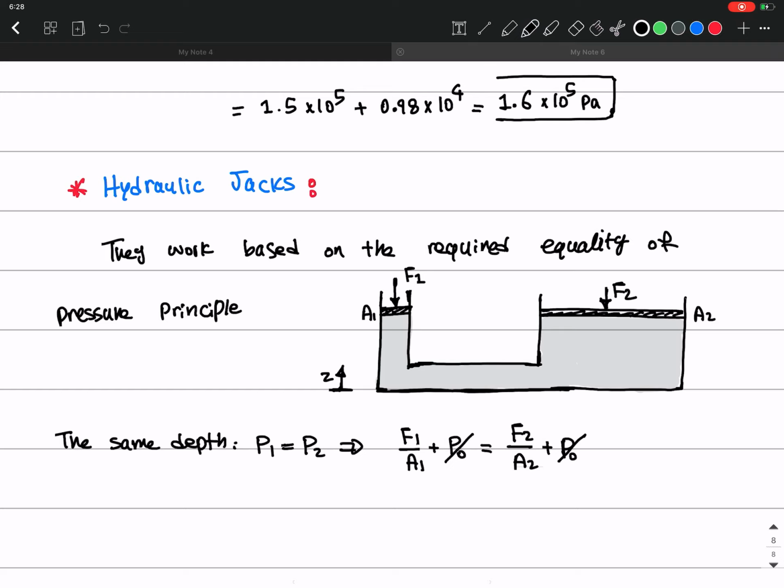So this means F2 is going to be A2 over A1 times F1.